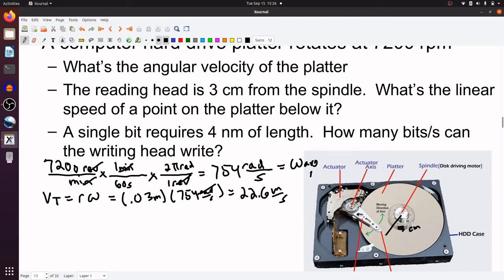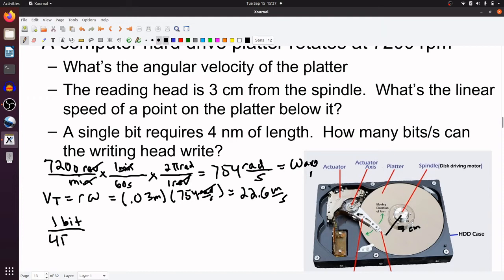What about this? A single bit requires 4 nanometers of length. How many bits per second can the writing head write? Okay, so it's saying that a single bit, so 1 bit, is going to require 4 nanometers. What is a nanometer?